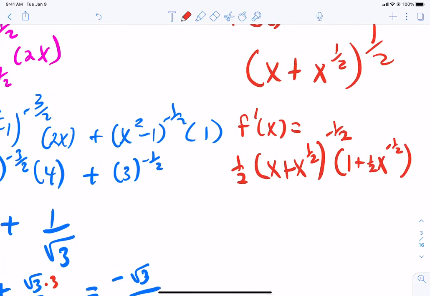So let's do that. So all of these x's are going to become 1's. So we get 1/2, 1 plus 1, which is 2. And then we're going to get 1 plus 1/2 times 1, which is just 1 plus 1 half.